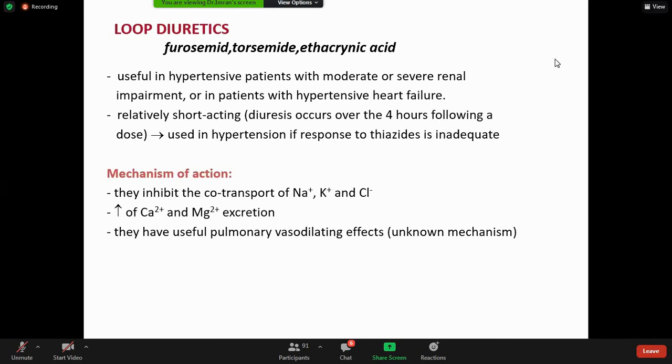They inhibit the co-transport of sodium, potassium, and chloride. If we compare with thiazide diuretics, thiazides inhibit the reabsorption of sodium and chloride, but loop diuretics inhibit the transport of sodium, potassium, and chloride. They increase calcium and magnesium excretion.